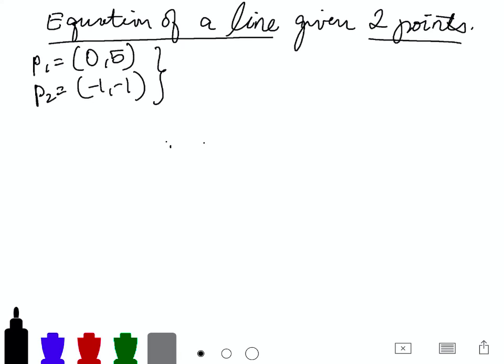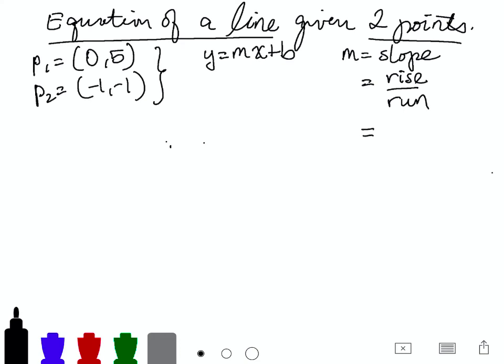Well, remember that when you have y equals mx plus b, m stands for the slope, which equals rise over run. And what would the rise be in this situation? It would be the difference in y values.